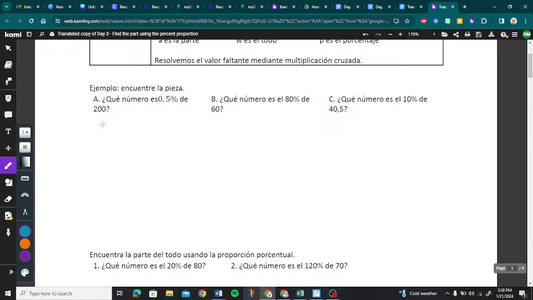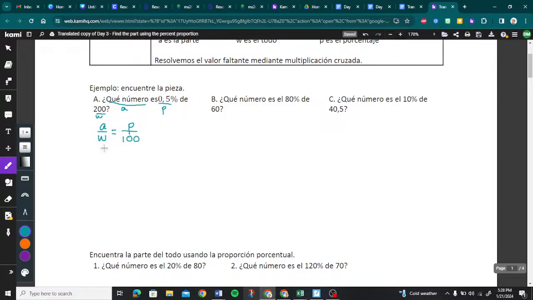So what we do is we say la part, el todo equals el percentage over 100. And then in the problem, que numero, that's asking for the part. 0.5 is the percent, the percentage, I don't know, I'm trying, and then 200 is the whole, the todo.